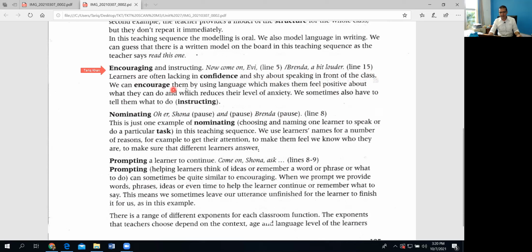We can encourage them by using language which makes them feel positive about what they can do and which reduces their level of anxiety. So we have to encourage them: how to increase the confidence which they don't have, and how to reduce the level of anxiety. We sometimes also have to tell them what to do, instructing.